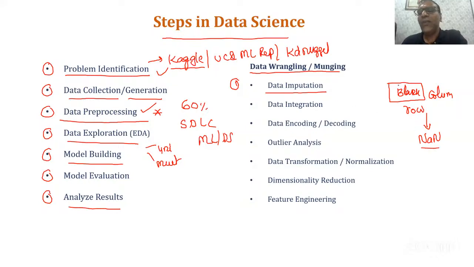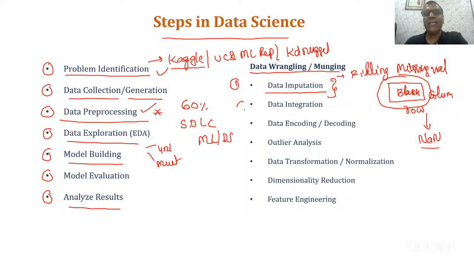We need to fill this blank data. The process is called imputation. Imputation means filling missing values. This is the first technique.